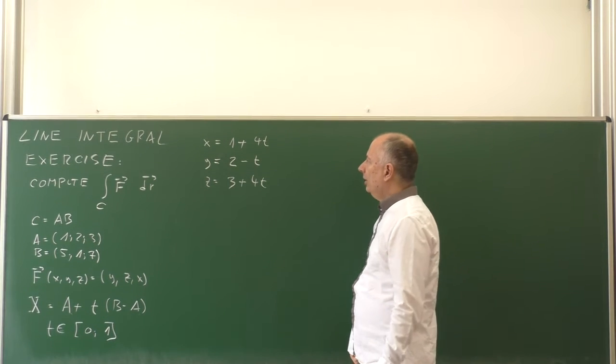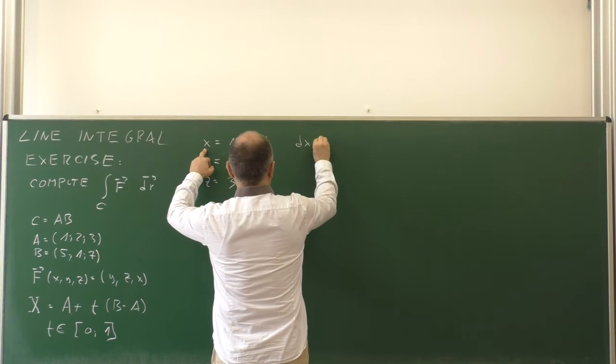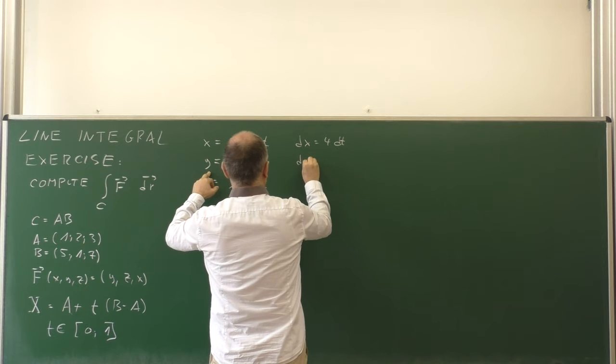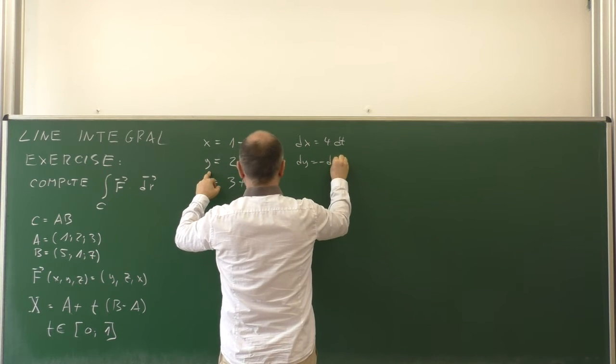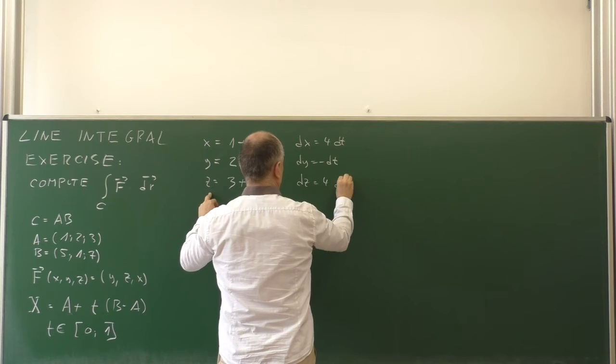Then we can prepare either the derivative or the differential. dx is 4 dt, dy is minus dt, and dz is 4 dt.